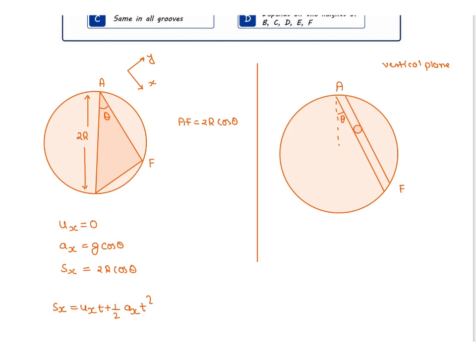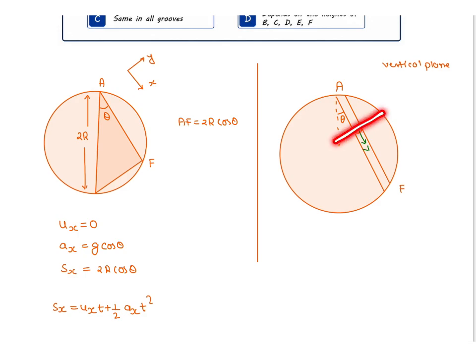One is the normal force, which will be perpendicular to the direction in which the particle is moving. If the particle is moving like this, one force will be the normal force exerted by this groove, along this direction.